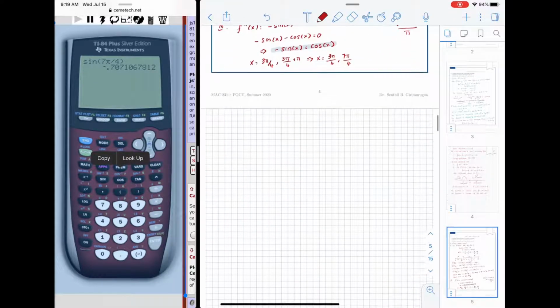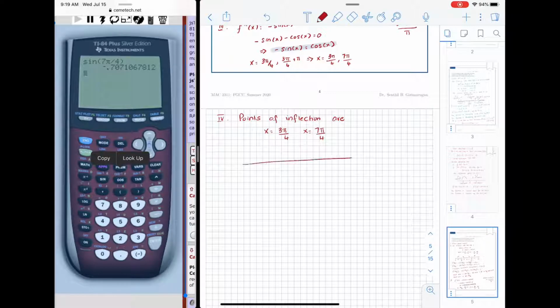And we are trying to find concavity, so the points of inflection are x is equal to 3 pi over 4 and x is equal to 7 pi over 4.